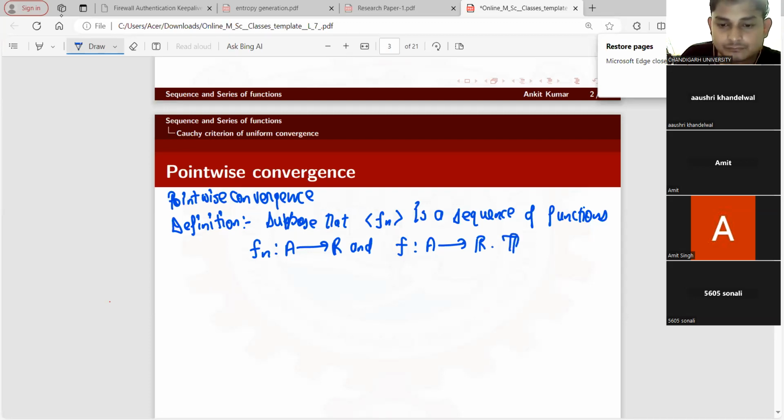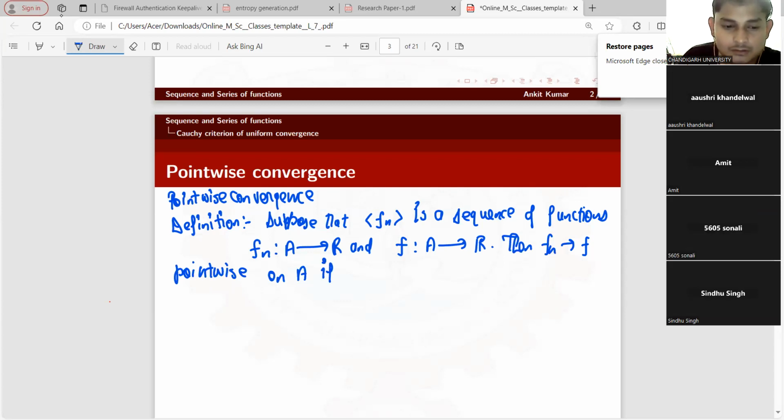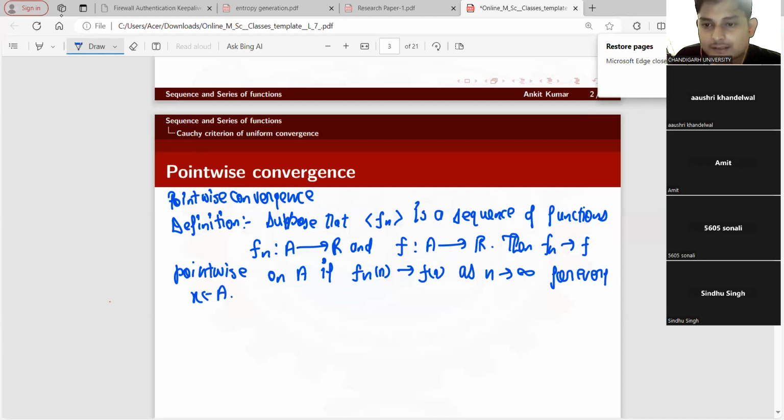Then Fn tends to F pointwise on A if Fn(x) tends to F(x) as n tends to infinity for every x belonging to A. So, suppose that Fn is a sequence of functions.